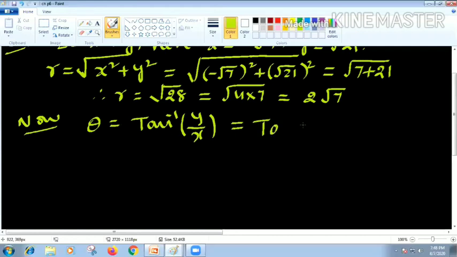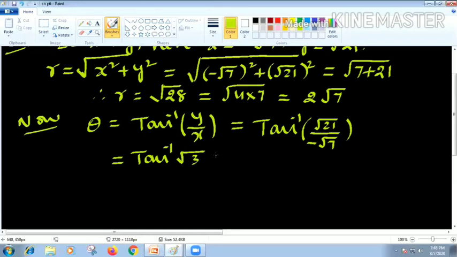Here tan inverse, the y value is root 21 by x value is minus root 7. So after simplifying, this becomes minus root 3. So theta is equal to tan inverse of minus root 3.